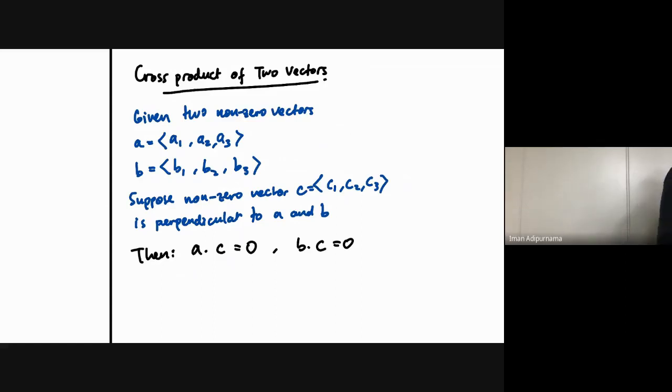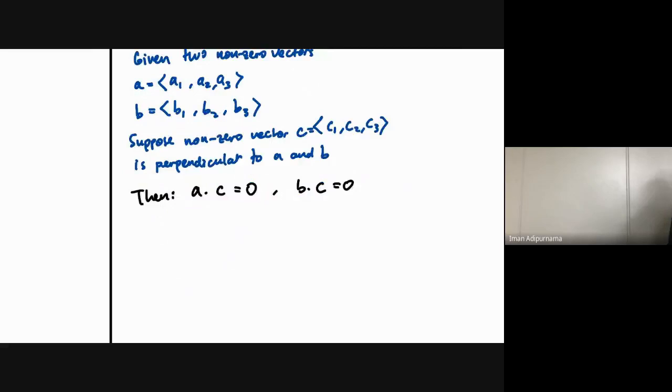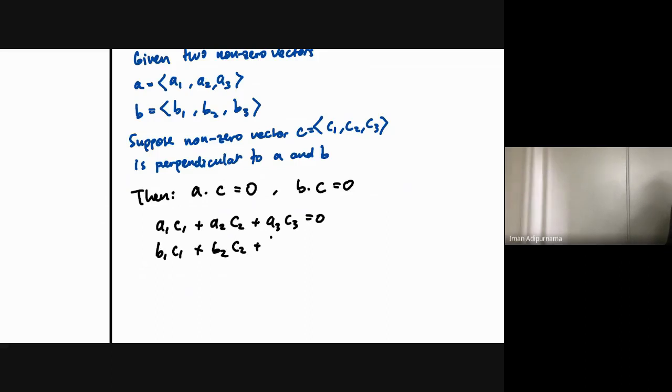Now we can expand and multiply and add all this dot product. So A1 C1 plus A2 C2 plus A3 C3 is 0. And B1 C1 plus B2 C2 plus B3 C3 is also 0.